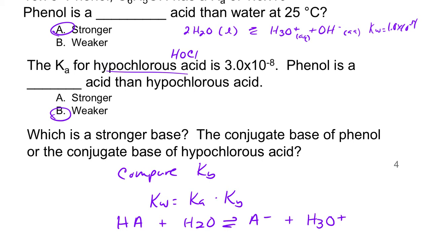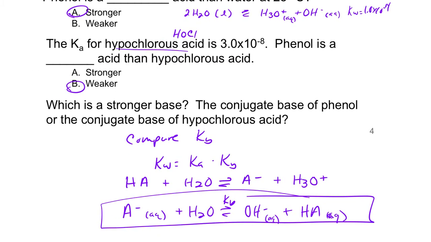So this second equilibrium is what we're considering when we are looking at a Kb value. So A minus in this case is a base. We're looking at how it forms hydroxide and HA, the conjugate acid. So when we compare our Kb's, the larger value of Kb is going to be the stronger base, more products formed. Right?